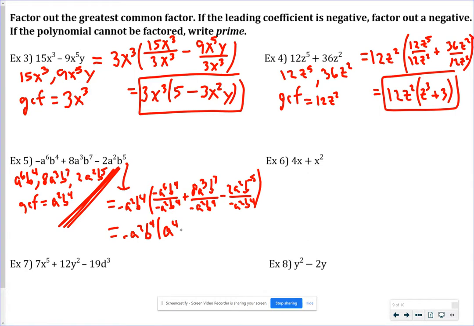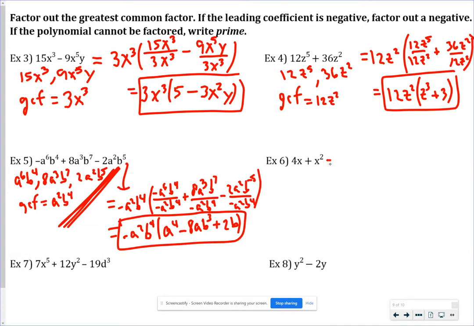Negative dividing into a positive turns into a negative, so positive 8 divided by negative 1 is negative 8. And then we've got a to the 3rd divided by a squared, and we've got b to the 7th divided by b to the 4th, which is b to the 3rd. Okay, last one. Negative divided by negative is positive. We've got a 2. A squared divided by a squared is 1, so they go away, and b to the 5th divided by b to the 4th is b. And we have our answer right there.